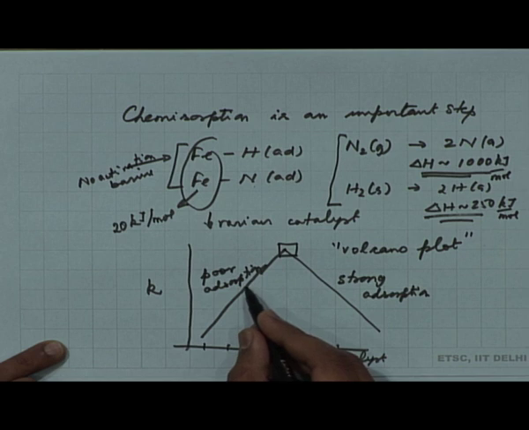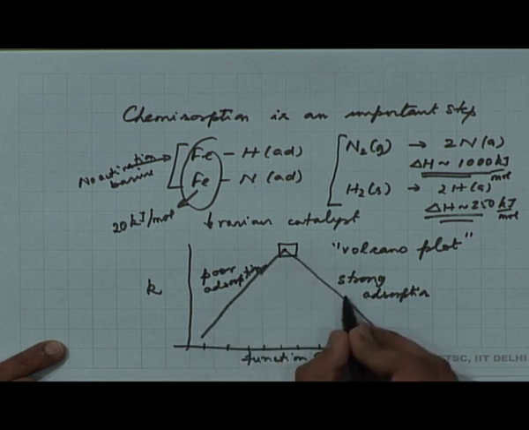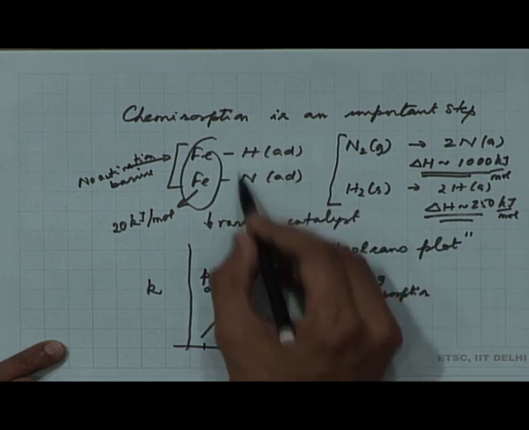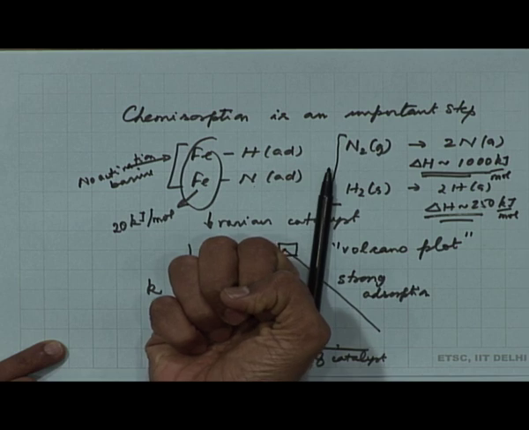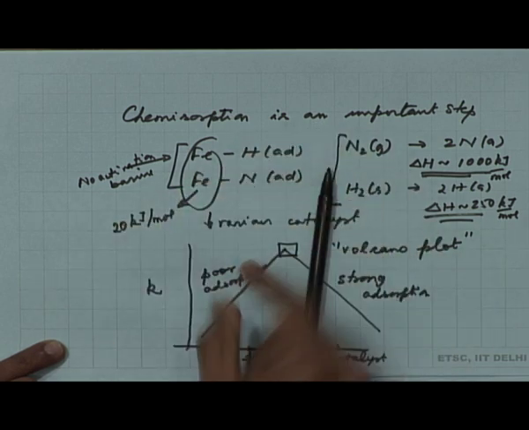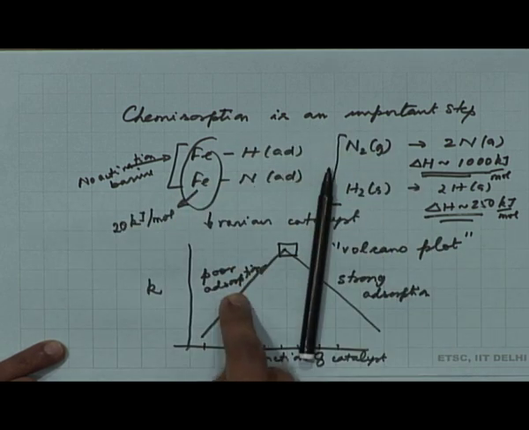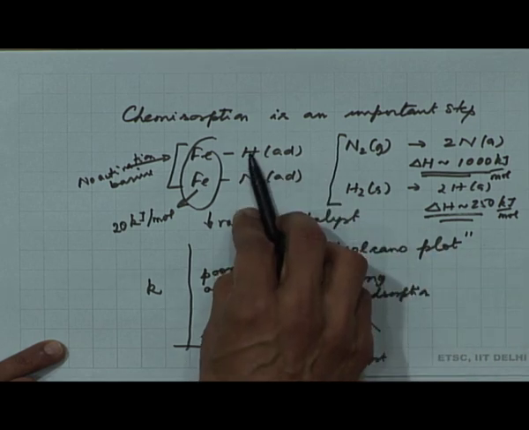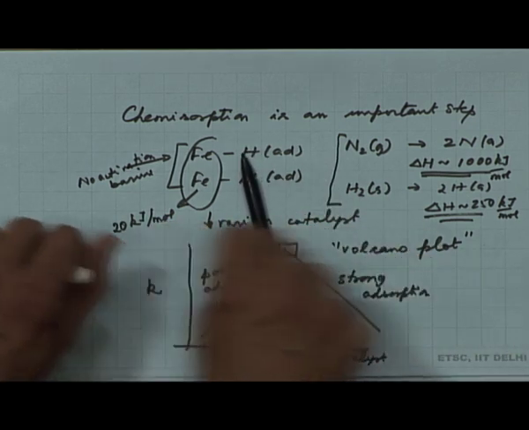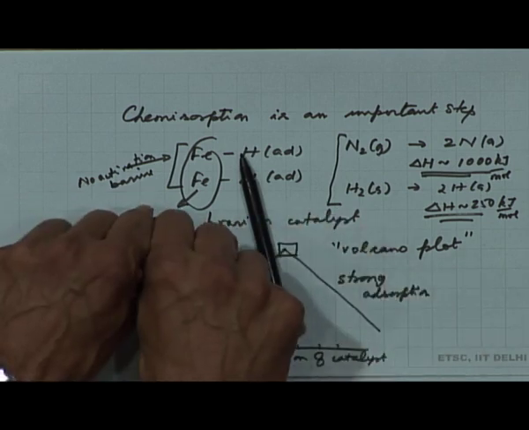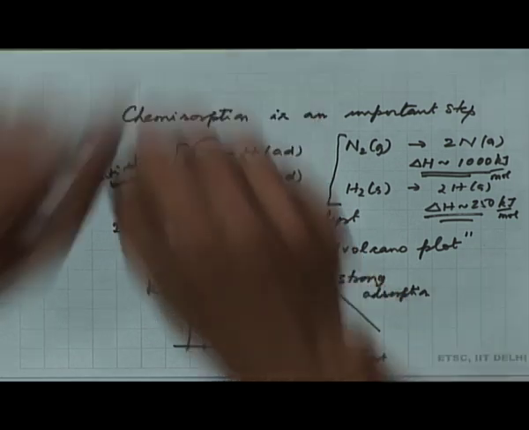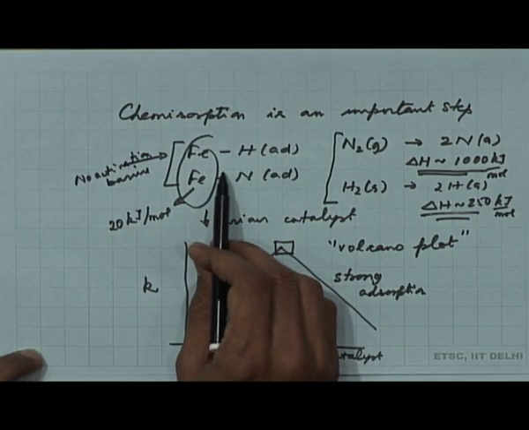When you have poor adsorption, the rates are too low, and when you have strong adsorption, what happens is, once this is formed, because it is in a well, these do not want to react. Whereas, in this situation, you are not binding tightly enough, so there is not enough time for these two things to collide on the surface. Before they collide, they come off from the surface. So, that is the problem that you have.